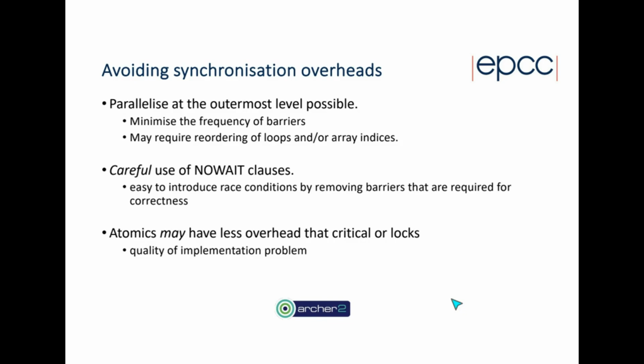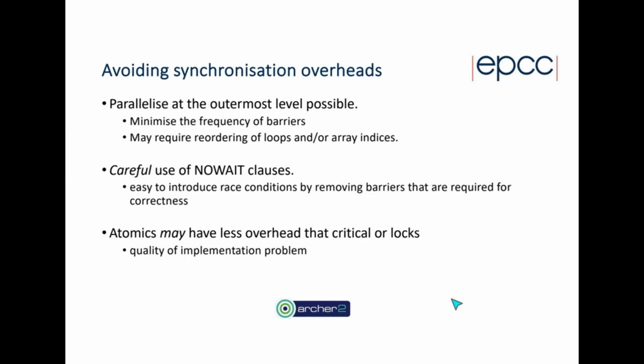So what can we do? Well, we can think about parallelizing at the outermost level possible to try and minimize the frequency of barriers. So try and make the pieces of work which are executed by threads inside parallel regions as large as possible, so that we don't execute lots of barriers.